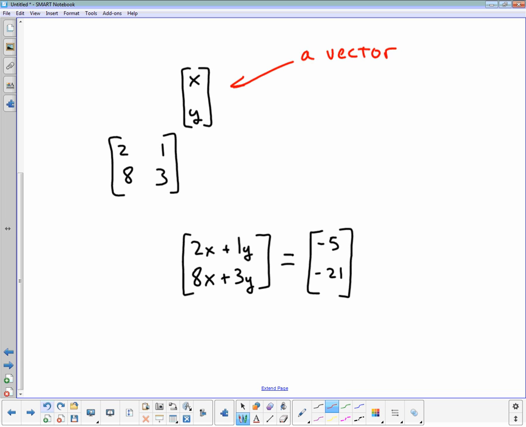It's a vector because it is a description of motion along the x-axis and motion along the y-axis. In fact, since these are orthogonal to one another, they're at right angles to each other, right? An x and a y, and motion along the x-axis, motion along the y-axis. This is actually a basis vector.